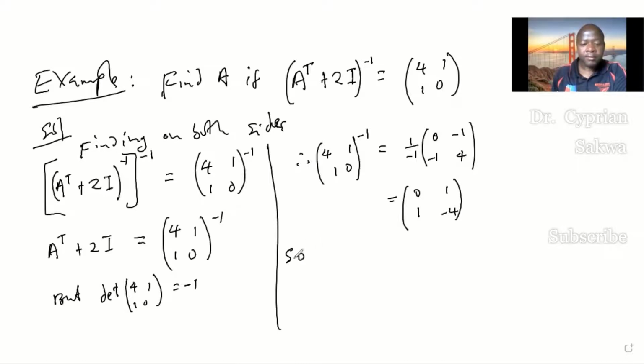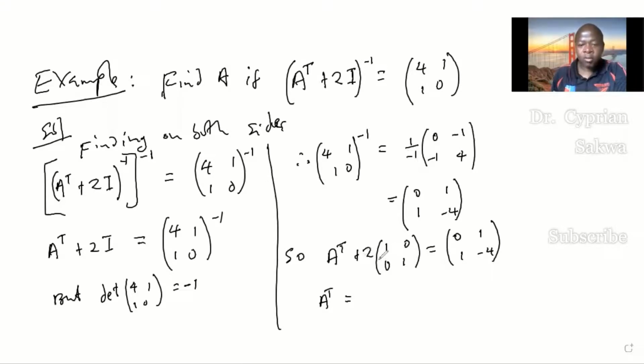So what I now have is A transpose plus 2I, but what is I? I is 1, 0, 0, 1, and this gives me 0, 1, 1, negative 4. So what is A transpose? I take this to the other side of the equal sign, so it will be this minus this. Multiplying through by 2, this is 2, 2 on the diagonal and 0 elsewhere.